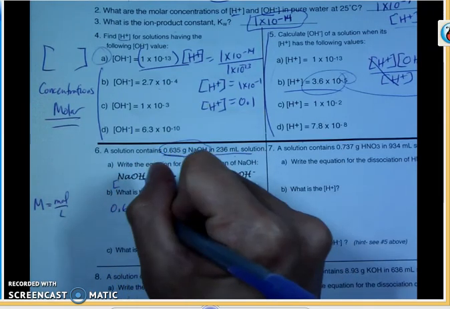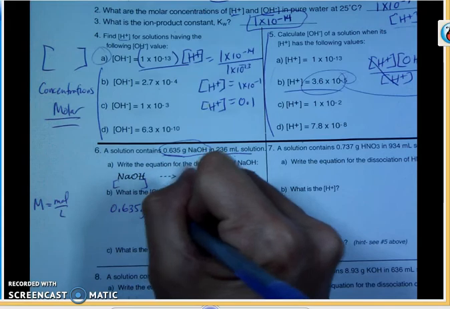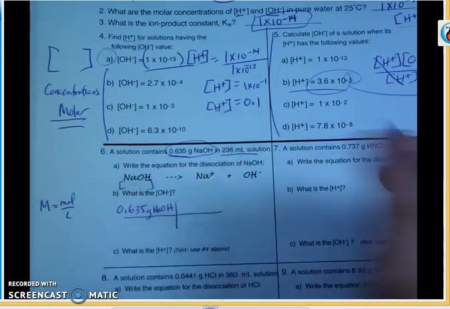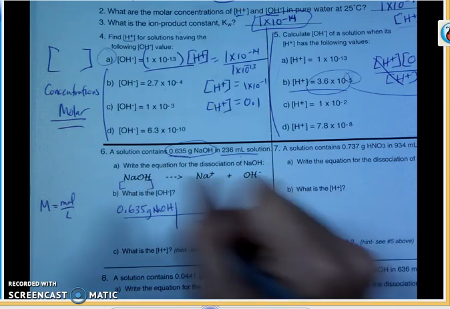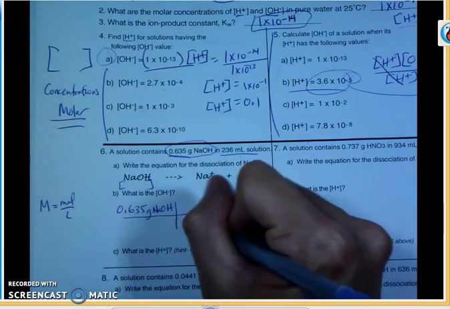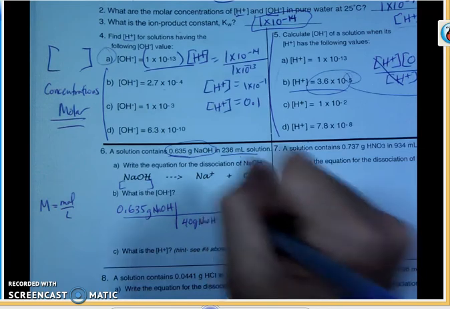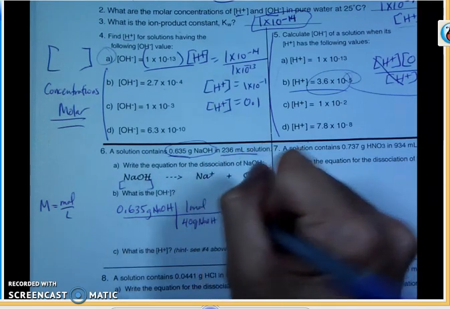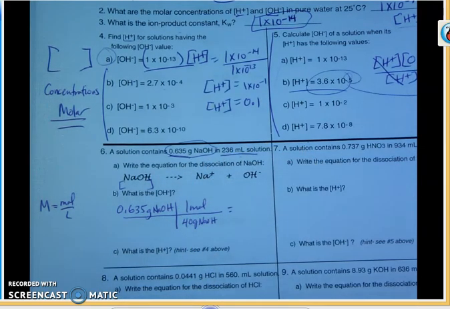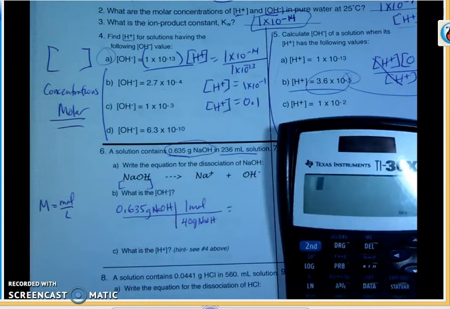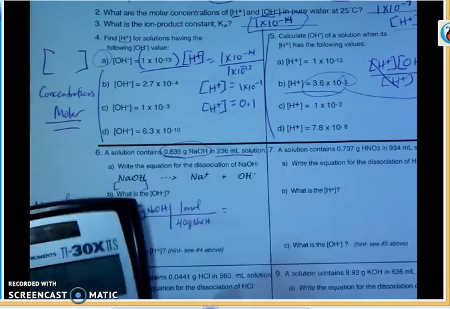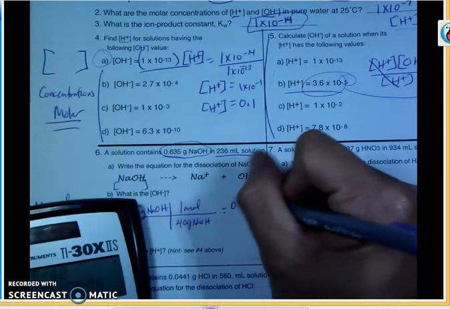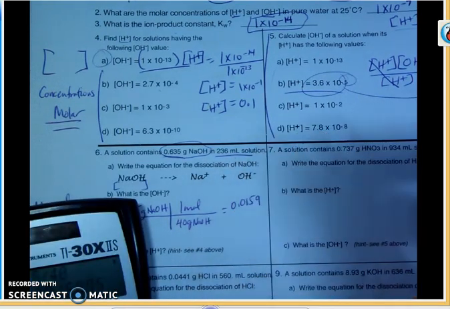So I have to change the 0.635 grams of NaOH to moles. Na is 23, O is 16, H is 1, so that's 40 grams of NaOH, which is equal to 1 mole. So 0.635 divided by 40, and I get 0.00159 mole.